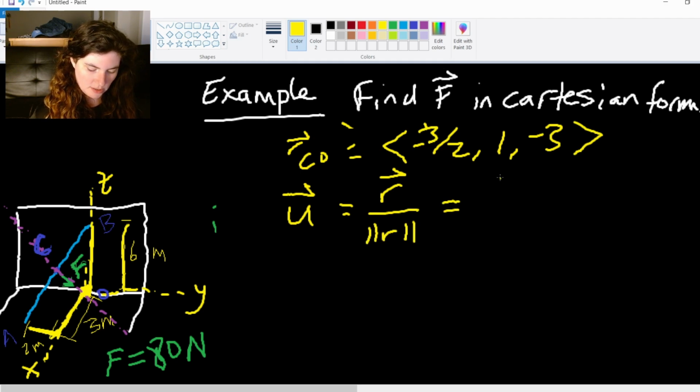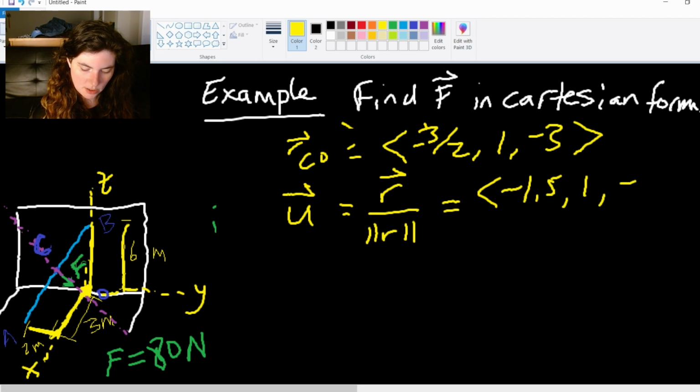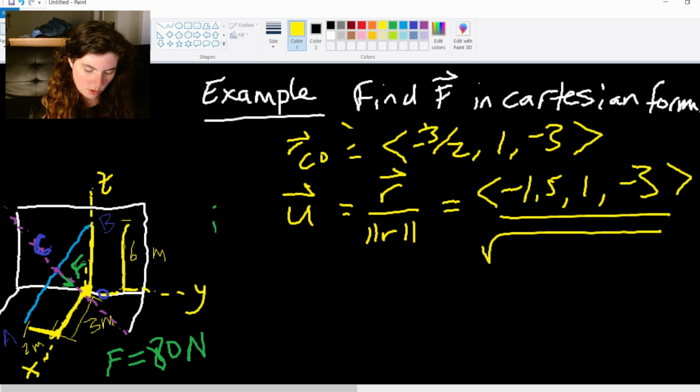So in this case, I'm going to go ahead and write 3/2 as 1.5. -1.5, 1, -3, all over the square root of -1.5 squared plus 1 squared plus -3 squared.